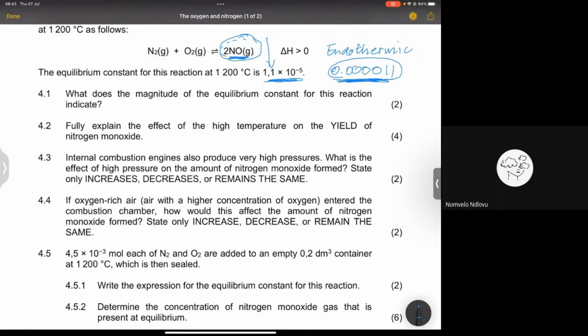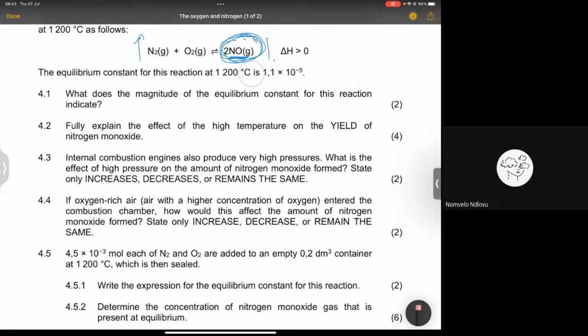So you have many reactants and low amounts of products. Remember, when the equilibrium constant is less than 1, it means that you've got fewer products, simply put. Okay. Are we good? Yes, sir. Thank you. All right.